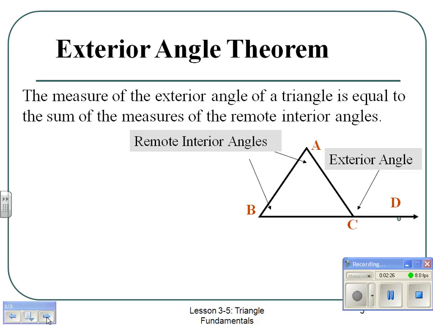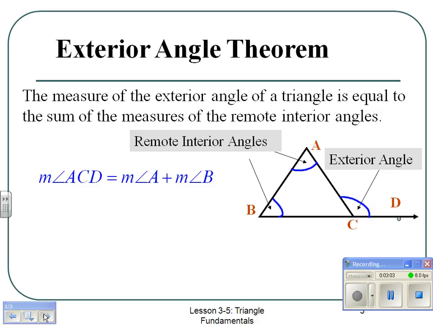Your remote interior angles are the other two vertices or corners in which they do not touch the exterior angle, so that's why they're very remote away from the exterior angle, and it's the other two angles on the inside of your triangle. So what it's saying here is if you add A and B together, these two angles on the inside of your triangle, they should add up to this outside angle.